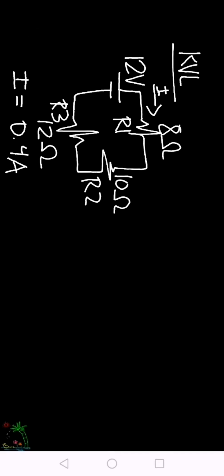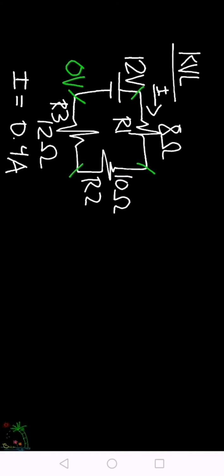So now that we have the current of the circuit, let's calculate the potential at every point. Okay, so the electropotential of this point is 0 volts. So let's calculate the electropotential of these points.